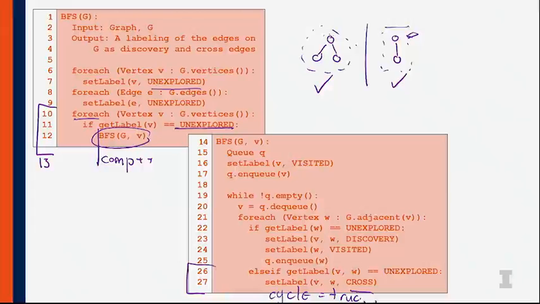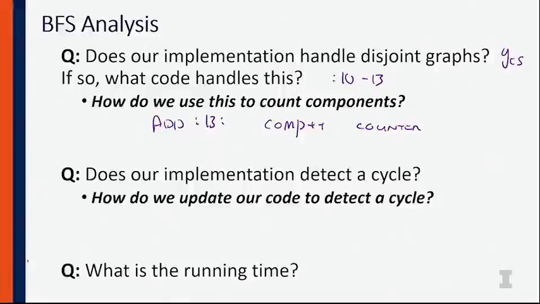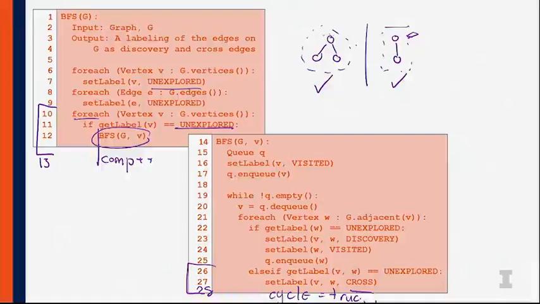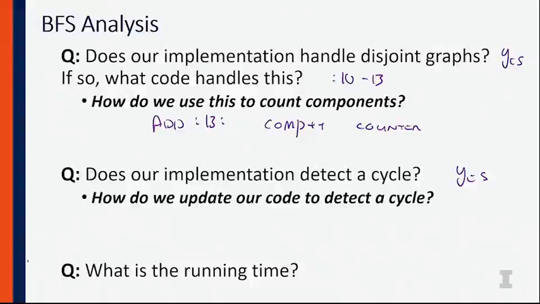By adding line 28 to denote that a cycle has been found, we're updating our algorithm to not just do a traversal, but also count the number of components and determine whether or not there's a cycle. Therefore, does our implementation detect a cycle? Yes. How do we update the code to detect that cycle? We added line 28 to mark that a cycle is found on our graph.